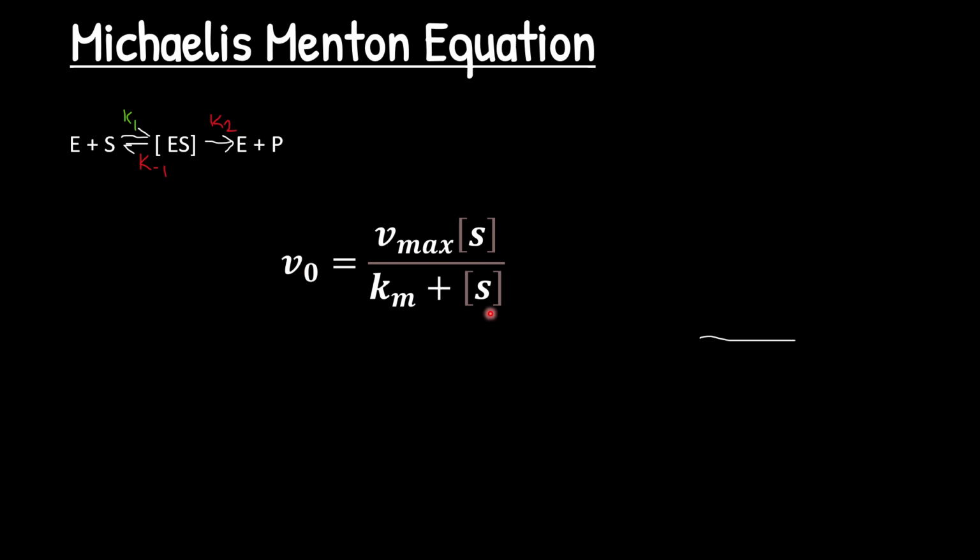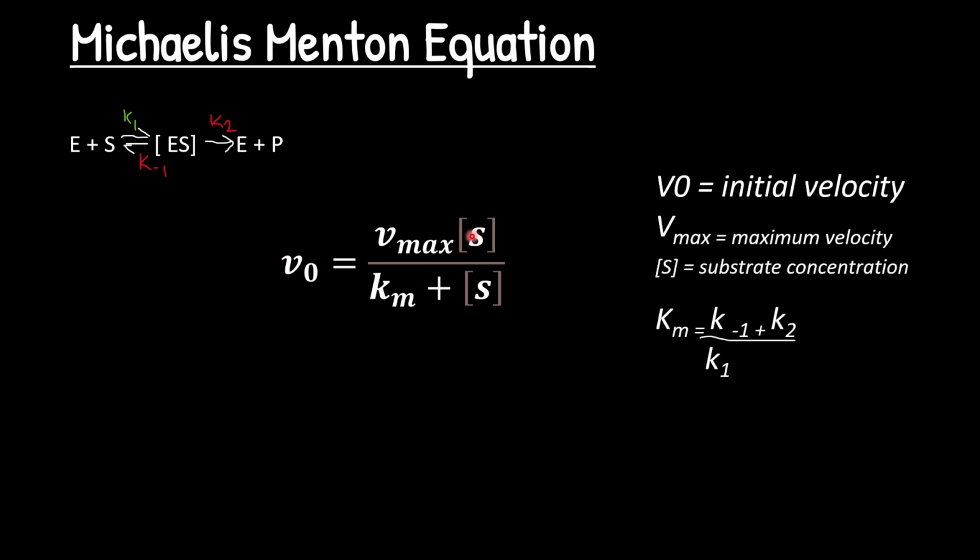This is the Michaelis Menten equation, which shows a relationship between the initial velocity and the substrate concentration. In this equation, V0 is the initial velocity, Vmax is the maximum velocity, S is the substrate concentration, and Km is the Michaelis constant, that is the ratio of K-1 plus K2 divided by K1.